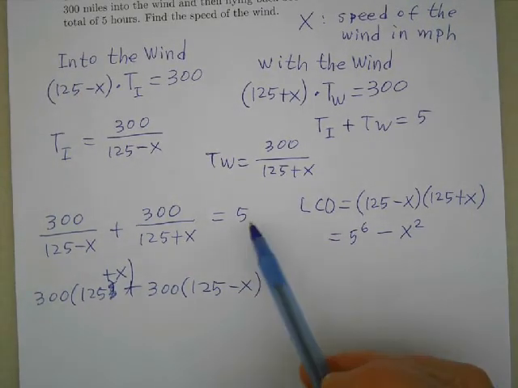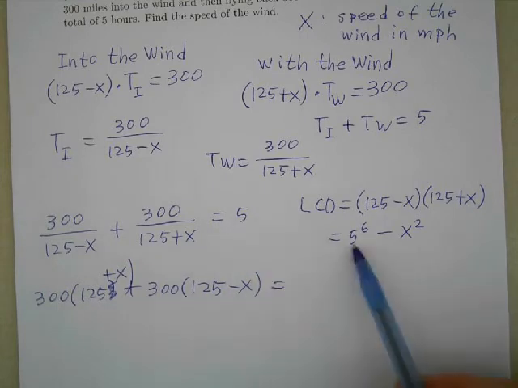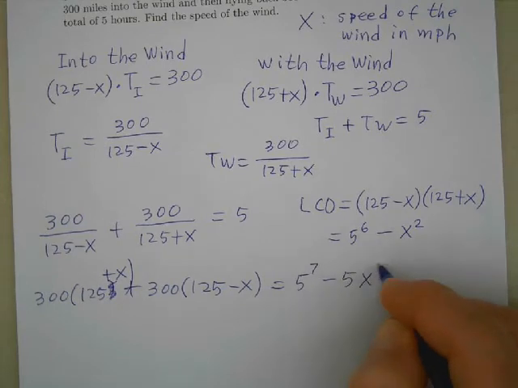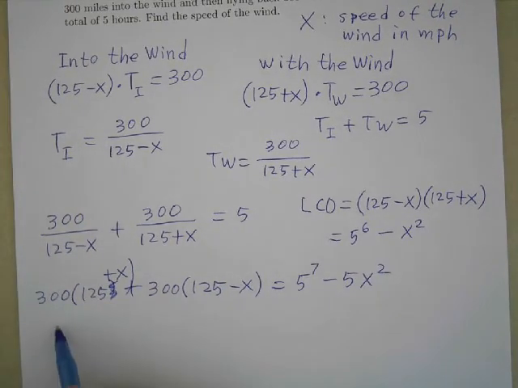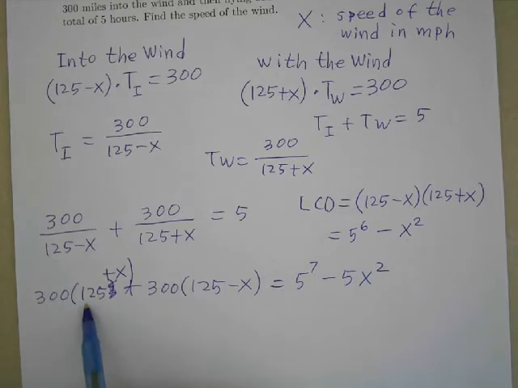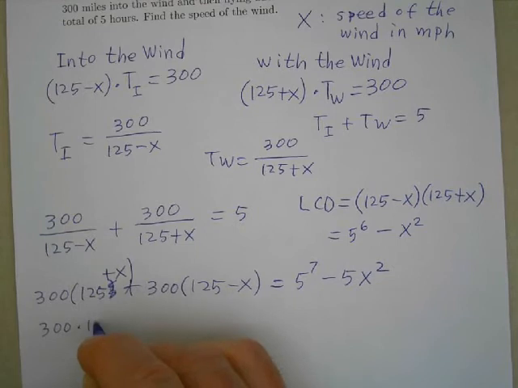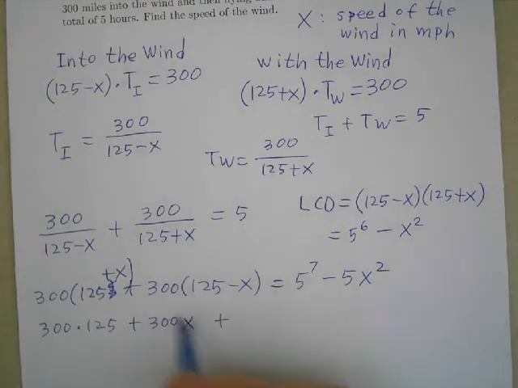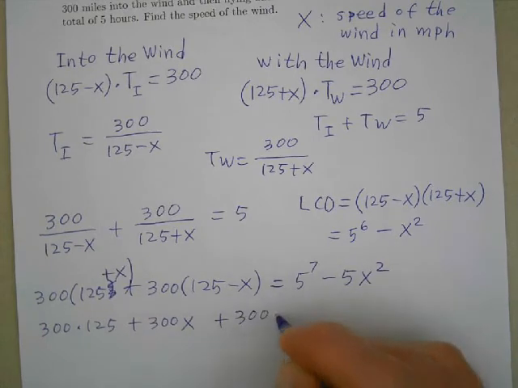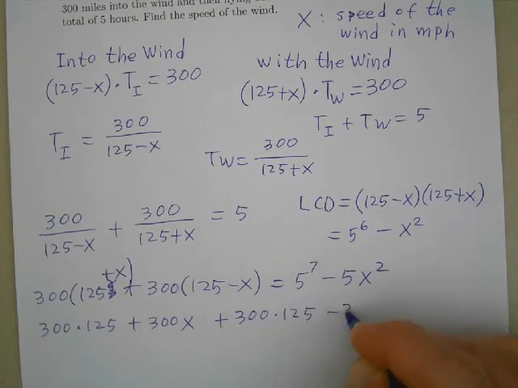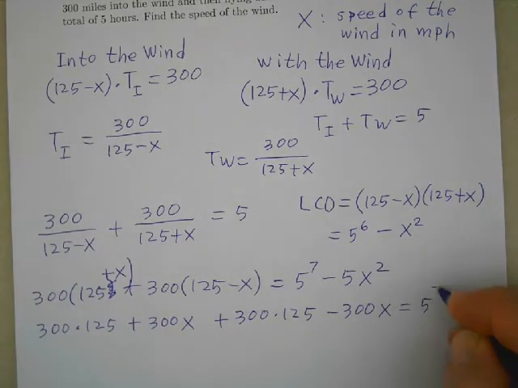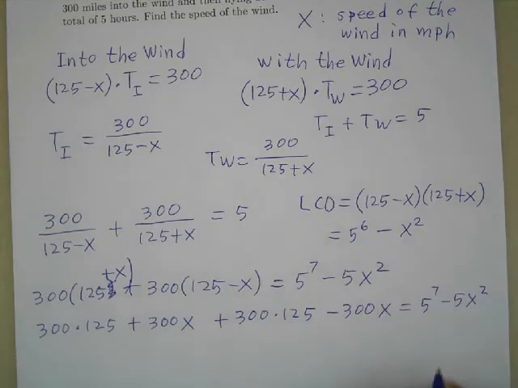Okay, then on the right-hand side, we multiply 5 times the least common denominator. We don't get any cancellations, but 5 times 5 to the 6th is 5 to the 7th, and then minus 5x to the 2nd. Okay, we'll multiply 300 times the binomial 125 plus x. We get 300 times 125 plus 300 times x, and then plus 300 times 125 minus 300 times x equals 5 to the 7th minus 5x to the 2nd.